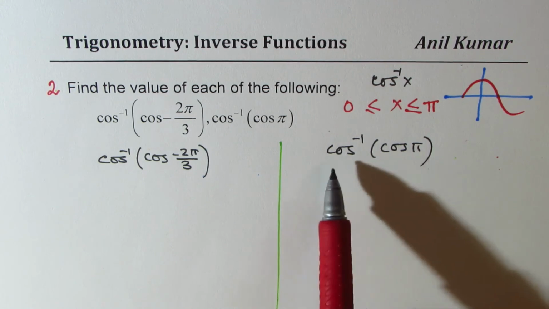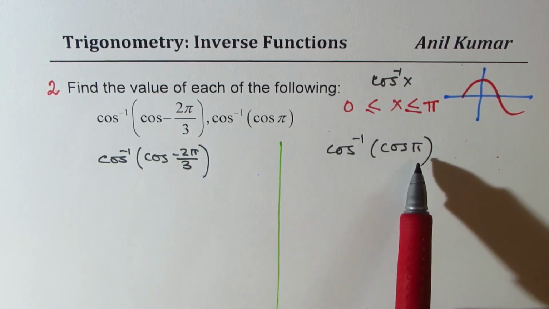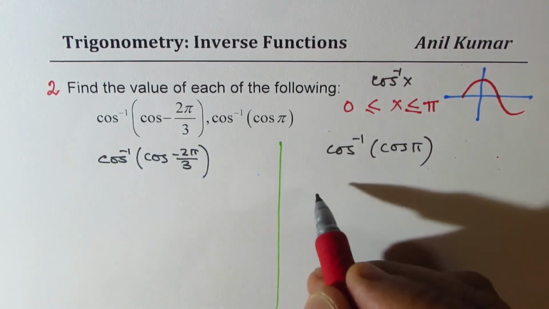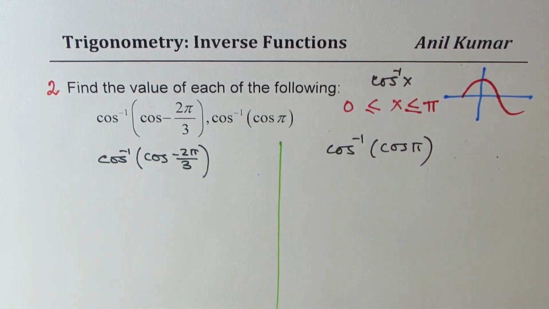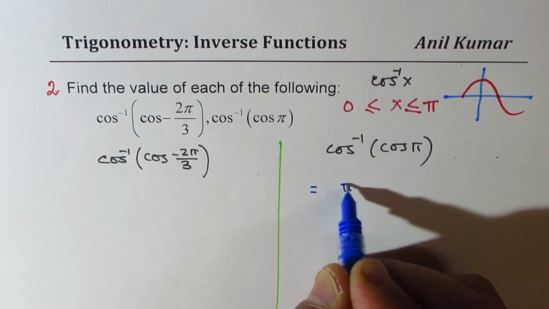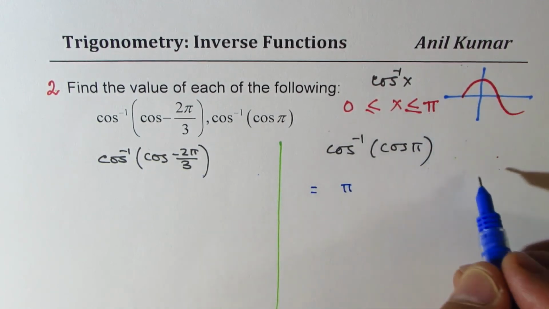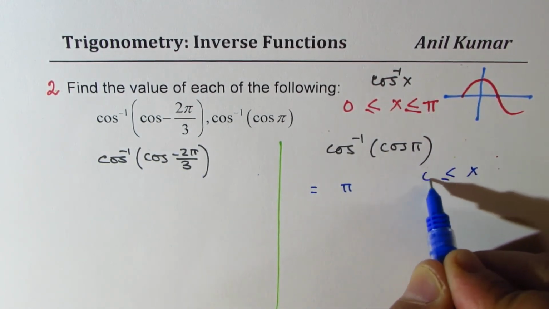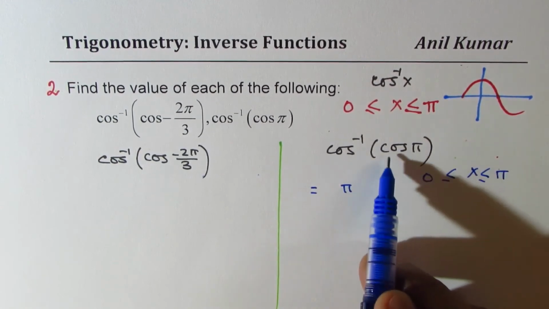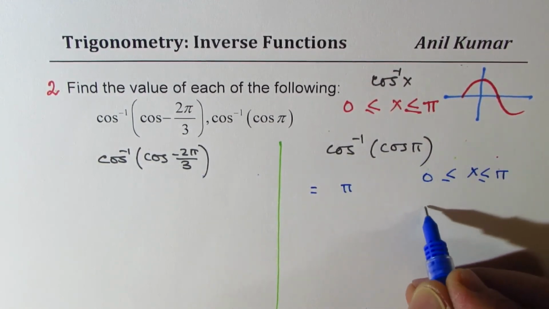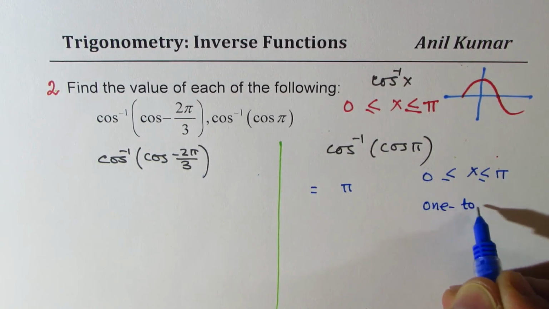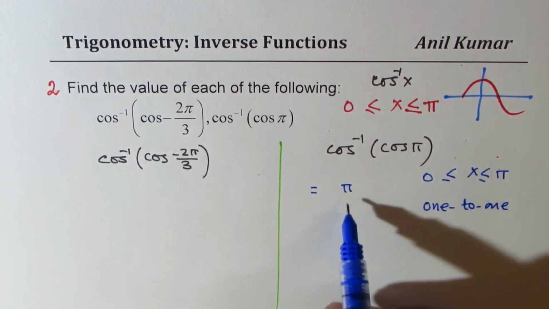Now if you look into this particular equation, then here we can say easily that this is equal to pi. The reason is within the interval x 0 to pi, it falls, correct? Cos is a 1 to 1 function, right? You will get this answer.